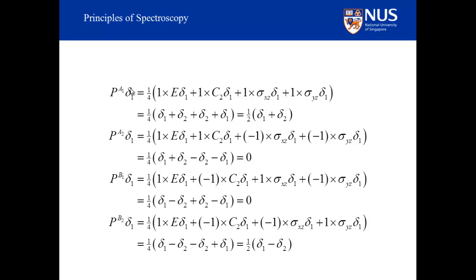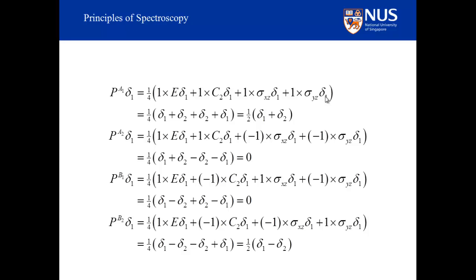It is equal to the dimension of gamma, which is equal to 1, over the number of symmetry elements, which is 4, times the sum of 1, which is the character of A1 for the identity, times the identity operator on delta 1, plus 1, which is the character of A1 for C2, times the C2 operator on delta 1, plus 1, which is the character of A1 for sigma xz, times sigma xz on delta 1, plus 1 times the sigma yz operator on delta 1.